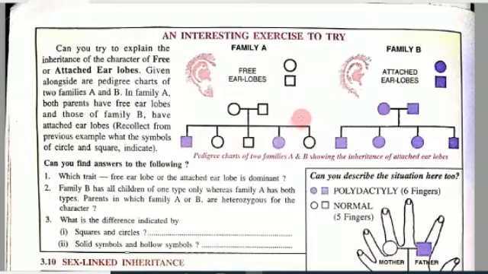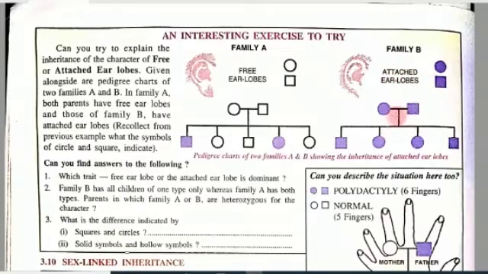Just suppose in our family members or relatives, we see that the earlobe is either free or attached; looking at the father, mother, sons and daughters, we can find out. Then family B has attached earlobes, both father and mother.